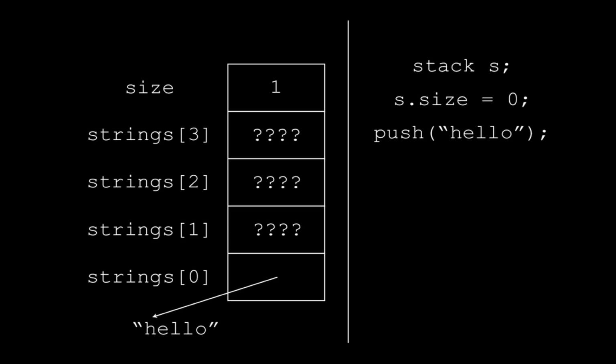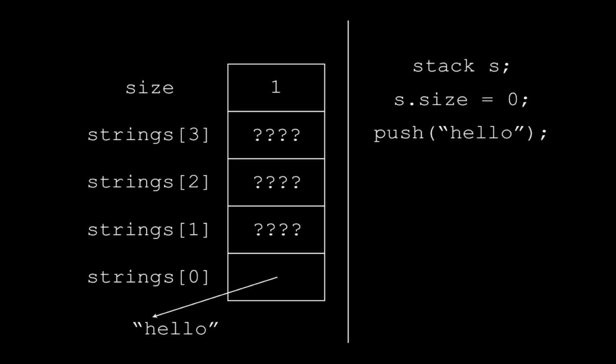So let's walk through a couple of examples of what happens when we push things into the stack. If we were to push the string hello onto our stack, this is what our diagram would look like now. See what happened? We pushed into the first element of our strings array, and we upped our size count to be 1.